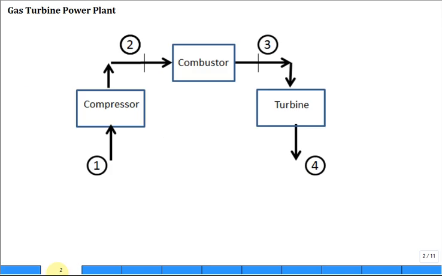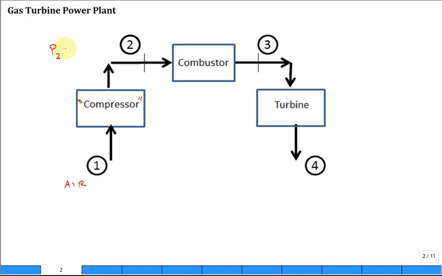So a gas turbine, especially used in a stationary power plant, has a compressor which takes and ingests outdoor air, filtered, clean outdoor air, and it boosts the pressure. And so the pressure at 2 is a factor times the pressure at 1.